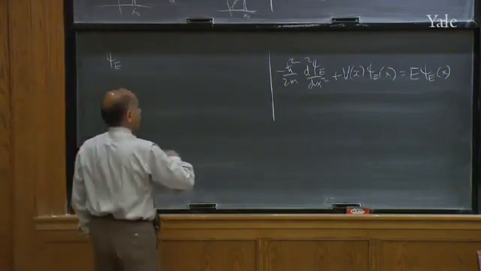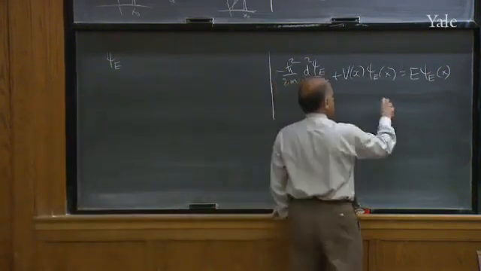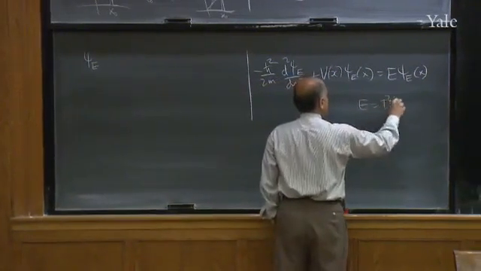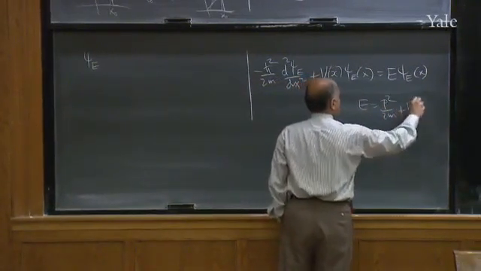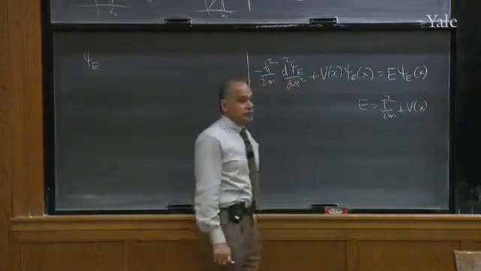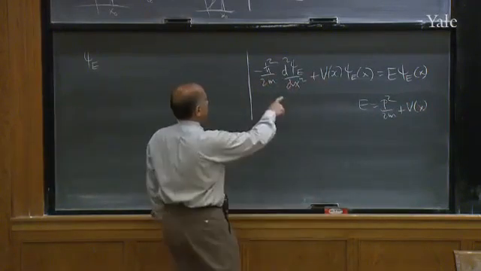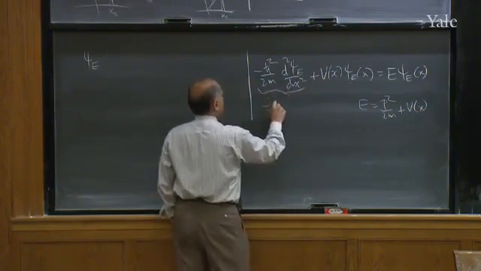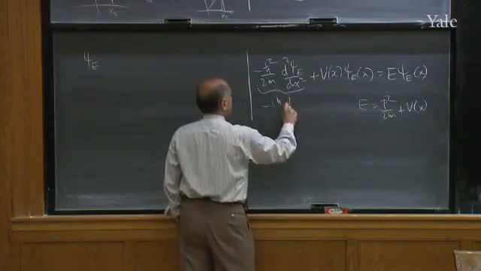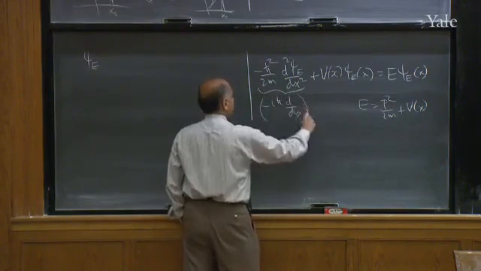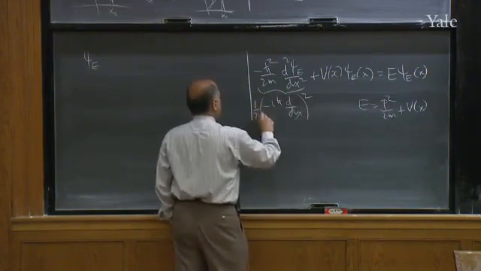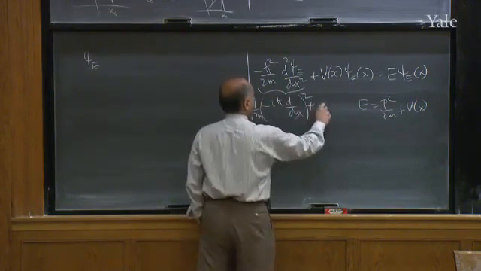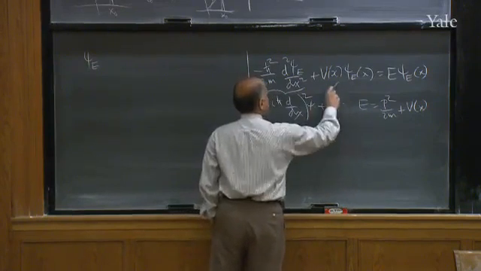Because you see, in classical mechanics, energy is given by p squared over 2m plus v of x. Do you see that on the left-hand side, except for the function psi, I have what here looks like minus i h bar d by dx twice divided by 2m times psi plus v times psi. That's the left-hand side.